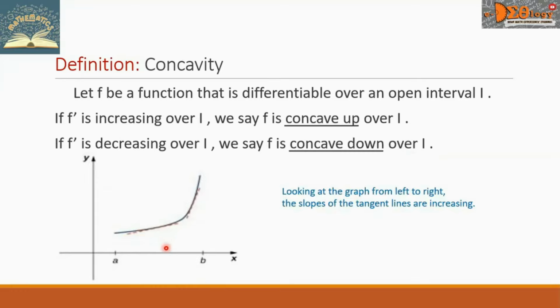Looking at the graph from left to right, we can observe that the slopes of the tangent lines are increasing. Thereby, we say that the derivative is increasing over the interval from A to B. In that case, the function f is concave up.